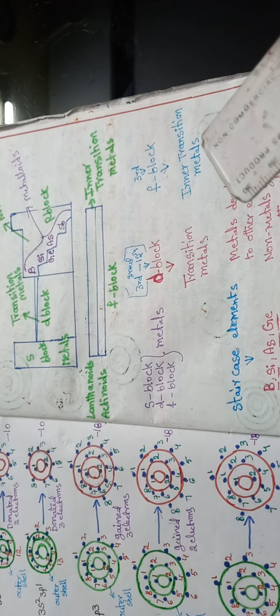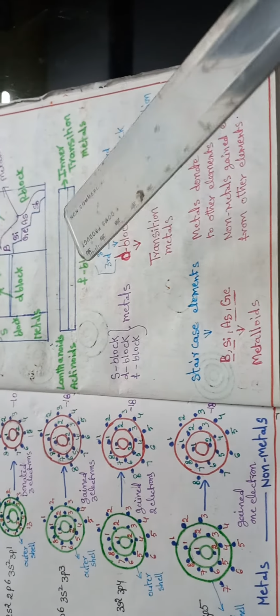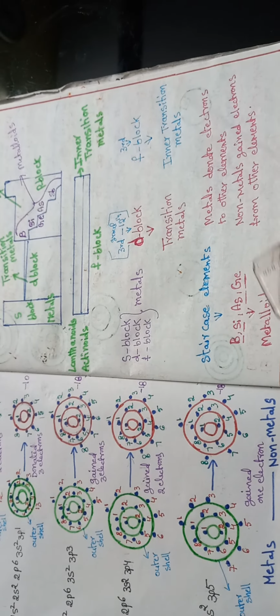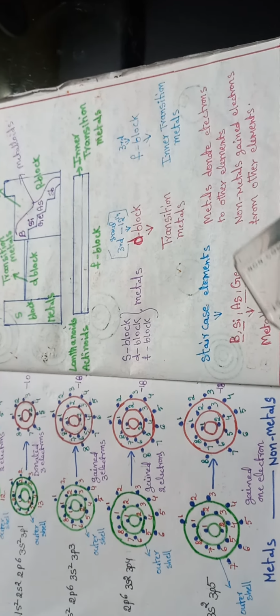So these F block elements are also given one name, that is inner transition elements. Third group F block elements, 6th period also, inner transition metals. Okay. Next one, staircase elements: boron, silicon, arsenic, germanium. So these are called metalloids.